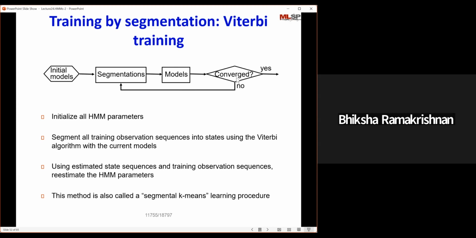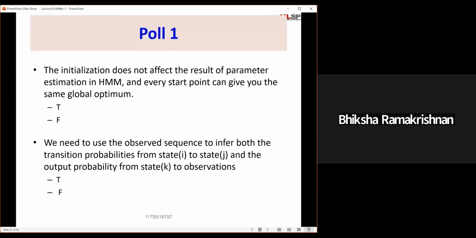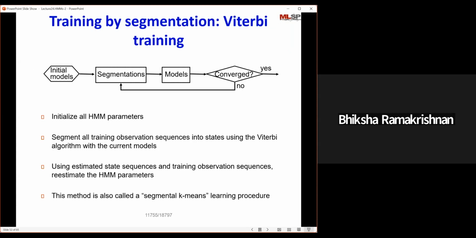And if the model has not converged, I use the updated model to go back and re-estimate my state sequences, use the re-estimated state sequence to update my model parameters, and keep looping till the parameters don't change very much anymore. This method is also called segmental k-means, and this is a very nice way of learning HMM parameters. So this makes sense to everybody?